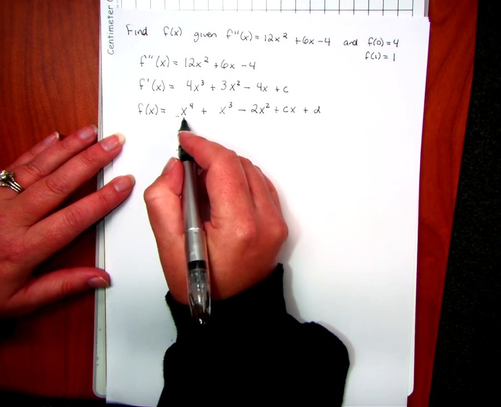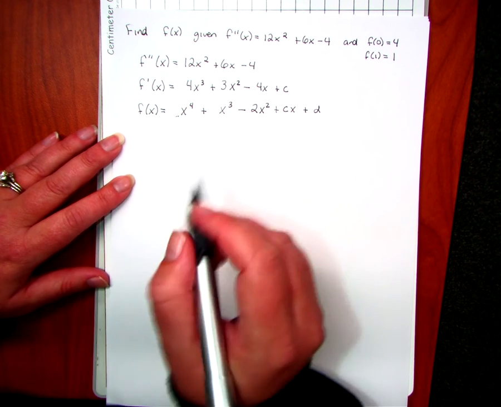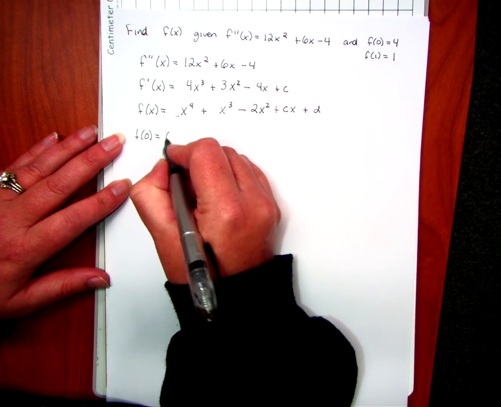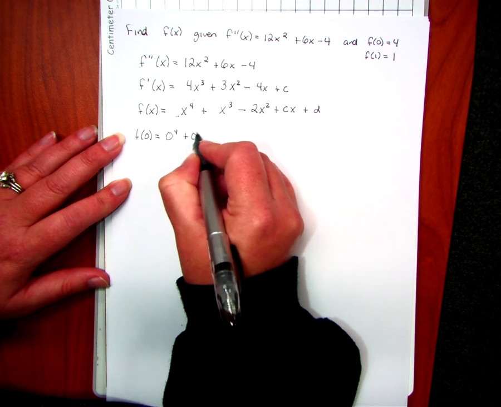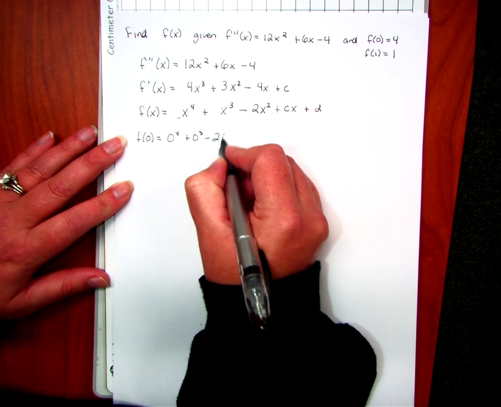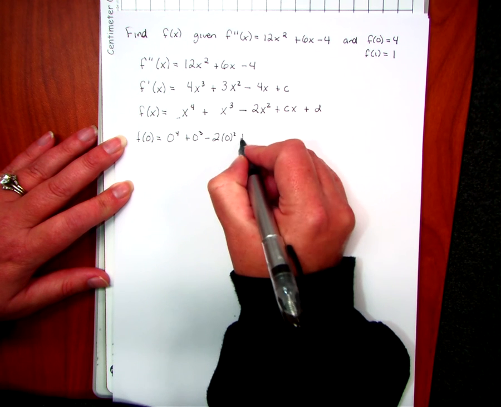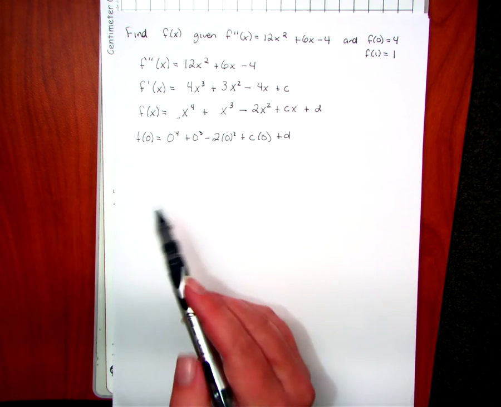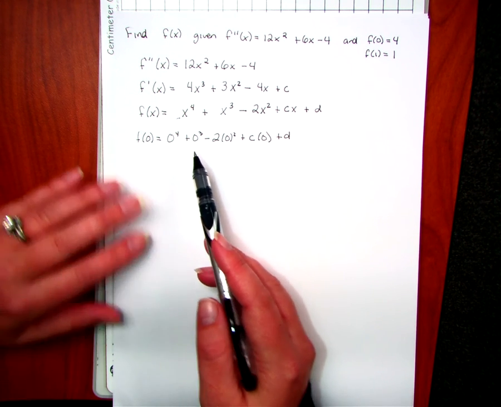So if I plug 0 into this function, I'm going to get 0 to the 4th plus 0 cubed minus 2 times 0 squared, and so on. So f of 0 is basically d, okay?